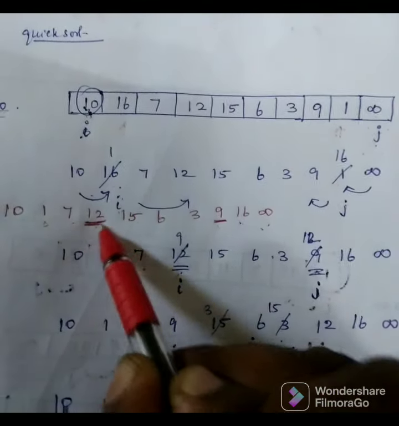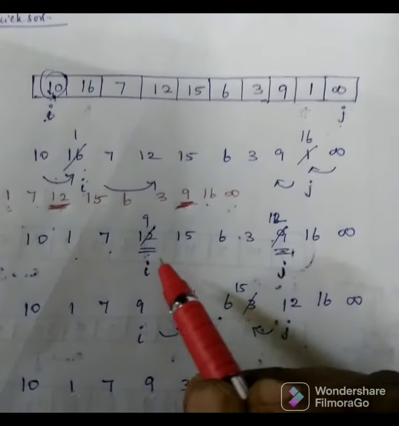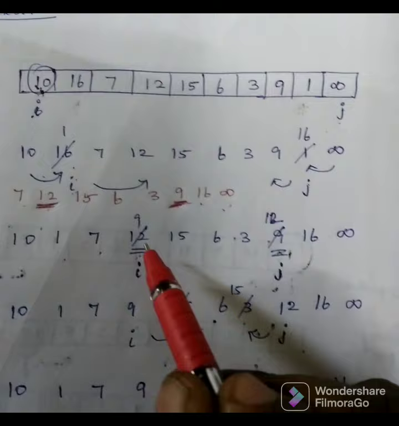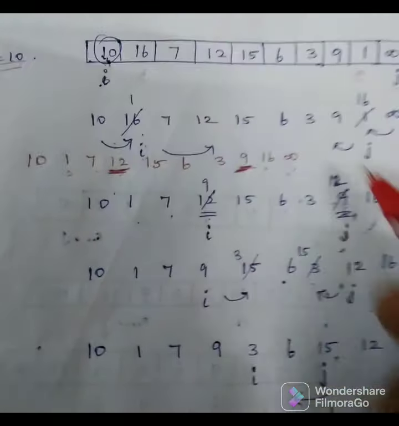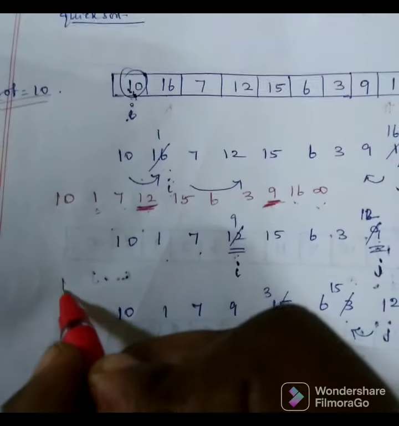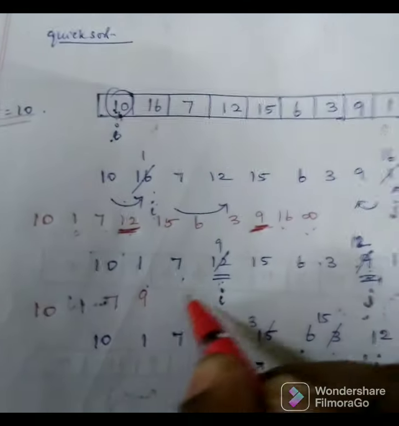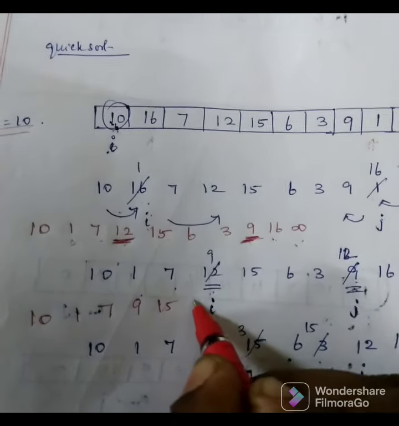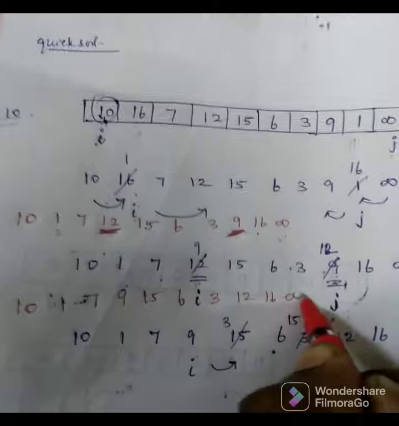Exchange 12 and 9. So what will be the elements now? 10, 1, 7, 9, 15, 6, 3, 12, 16, infinity.